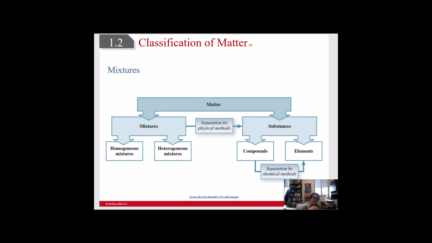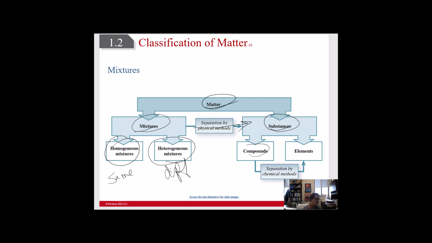So just to clarify, you have matter, which occupies space and has mass. It can either be a mixture, or it could be a substance, and you could separate a mixture physically into a substance. Mixtures are going to be either homogeneous or heterogeneous, depending on if they have the same or uniform property throughout, or whether they're going to be hetero, which means they're going to have a different composition in that mixture.